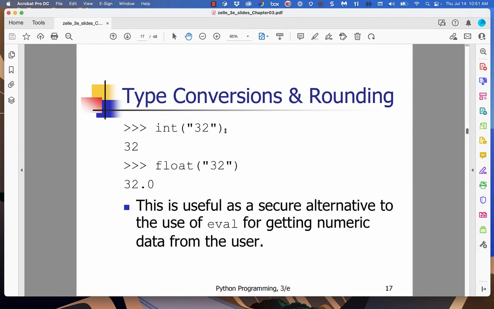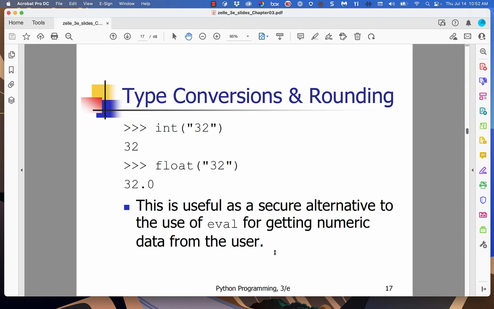So you can see this is a string 32 because it's surrounded with quotes, okay? If we want it to be a float, then we call float, and we get 32.0. Now we're going to begin to use this rather than eval, okay? Eval is insecure. It was very popular because of its flexibility.